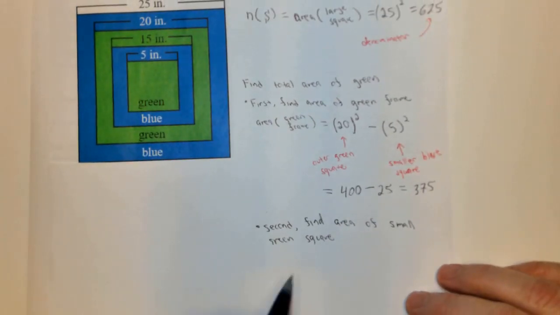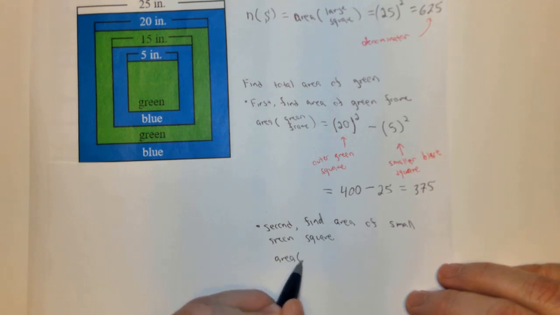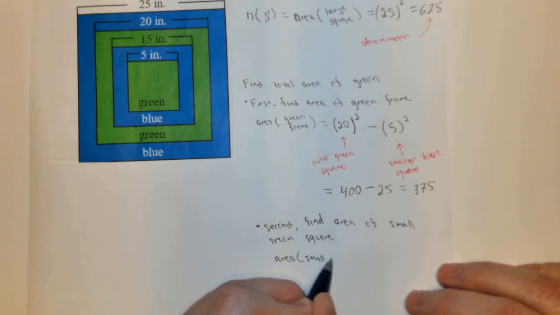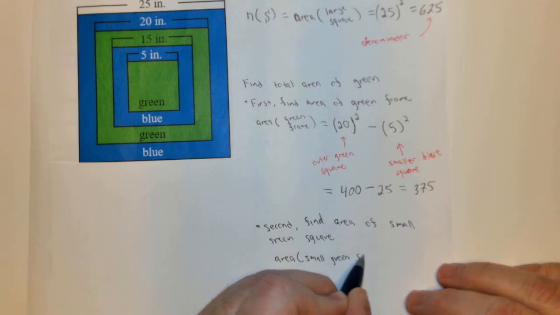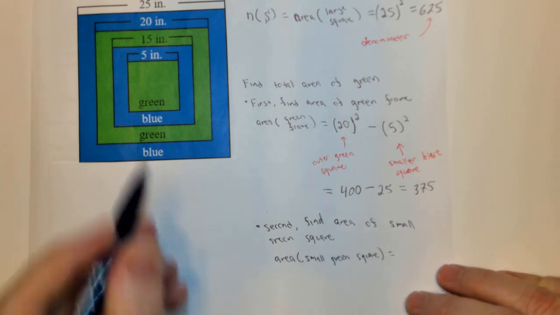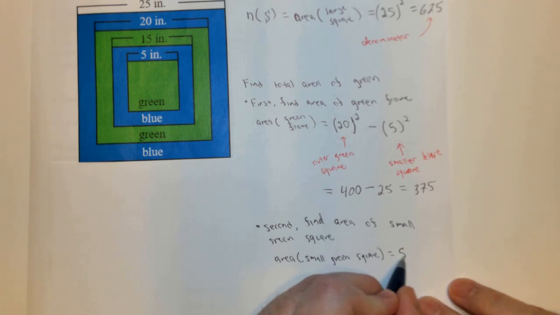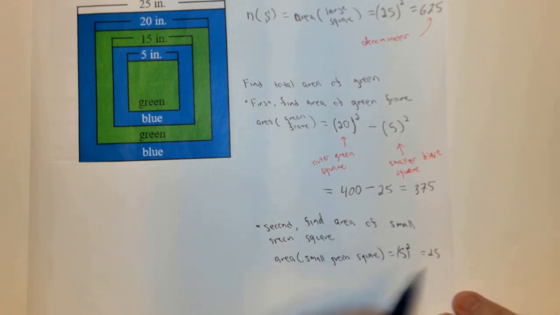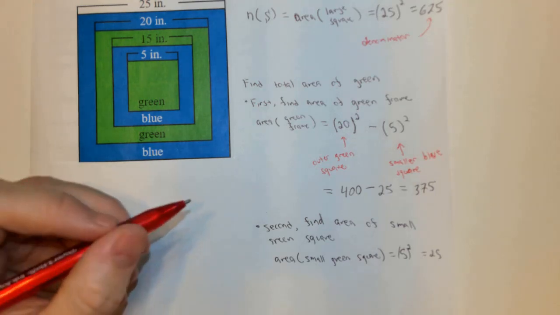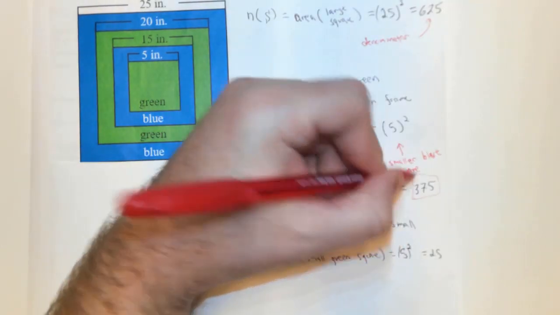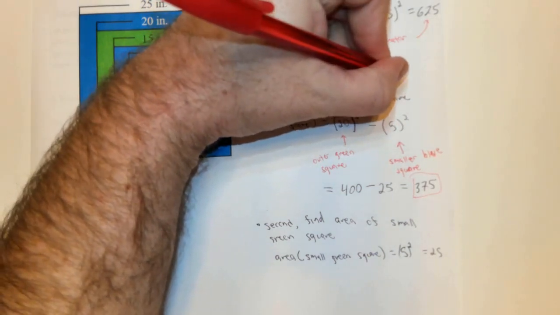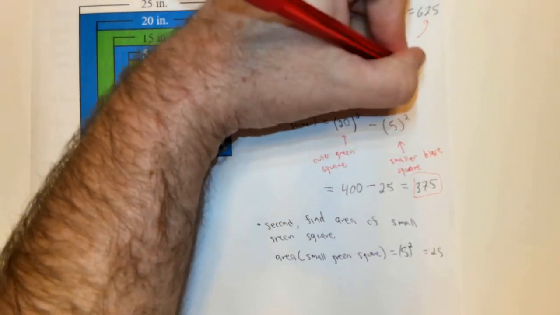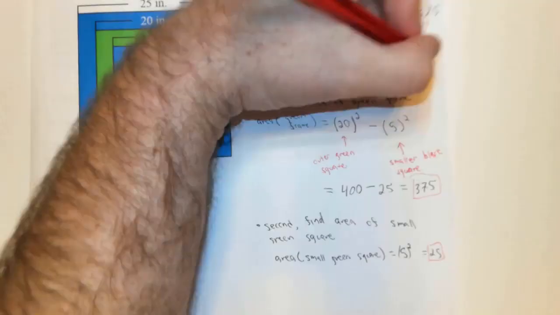So the area of the small green square, that's 5 inches, so 5 squared is 25. All right, so the total area of green, I'll just do it up here. The total area of green is 375 plus 25.